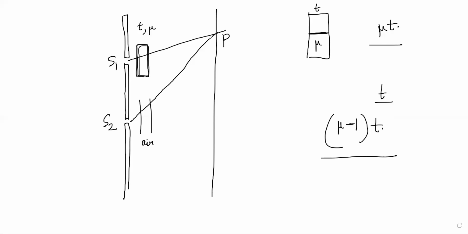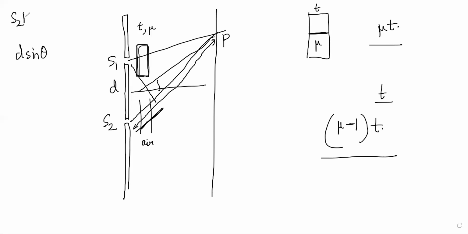Normally, if nothing was there, S2P is a longer path, right? S2P was longer by d sine theta, where this angle is theta. So normally you would have written S2P minus S1P is equal to d sine theta.